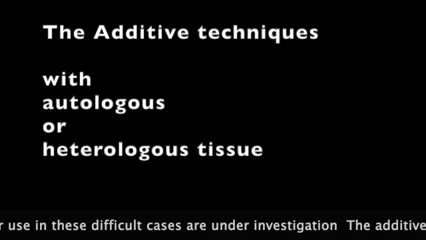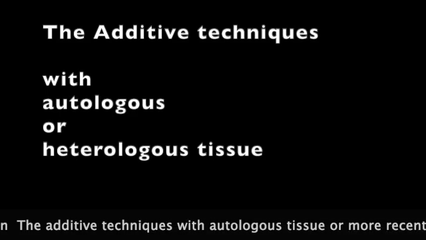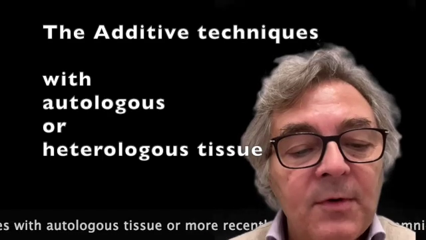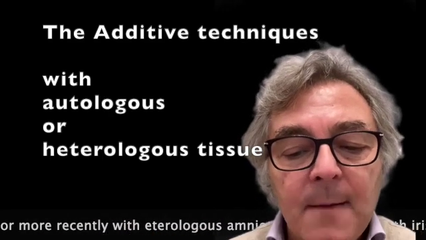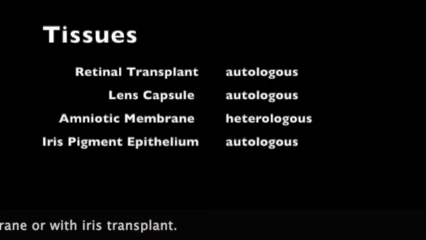More recently, new procedures are available and their use in these difficult cases is under investigation. The additive techniques with autologous tissue, or more recently with heterologous amniotic membrane, or with iris transplantation.